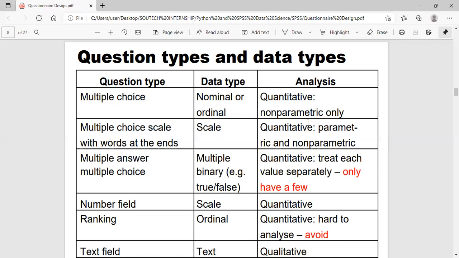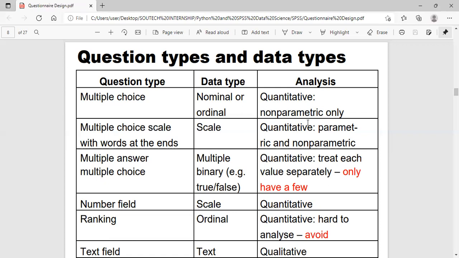Now, we have different data types, nominal or ordinal. Nominal data are data that are in categories. Ordinal data are data that are in categories, but they follow a certain order. Let me give you two examples. So an example of ordinal data is age range. Yes, age range.